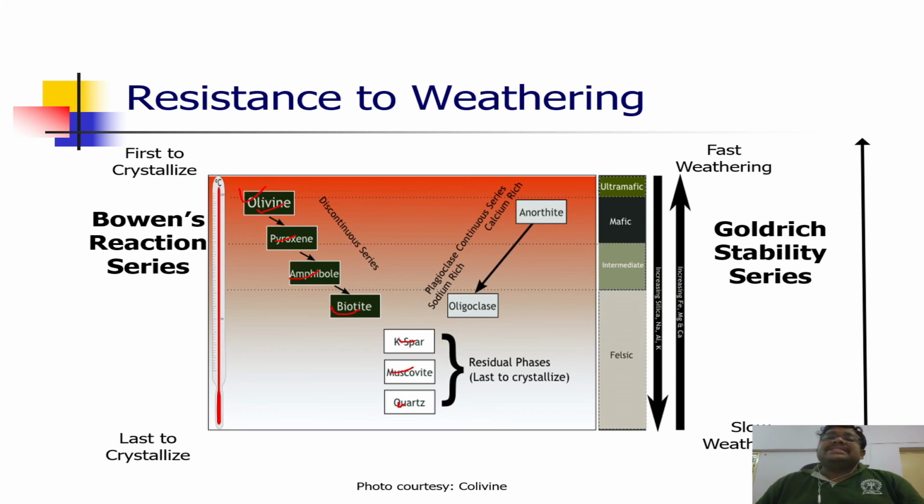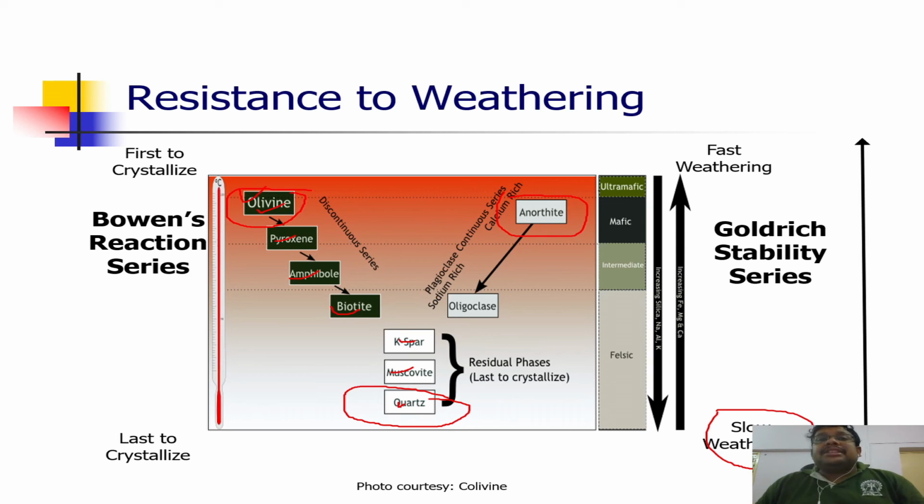The Goldich stability series shows that those minerals which are last to crystallize weather slowly. So they show the maximum resistance to weathering. In this sequence, quartz will show the maximum resistance to weathering, and the minimum resistance to weathering will be shown by those minerals which crystallize early from the molten magma.